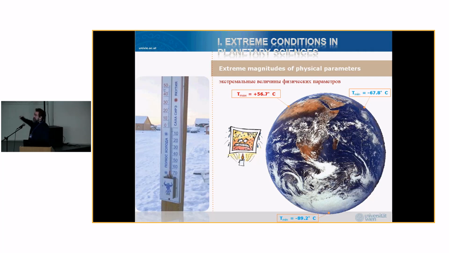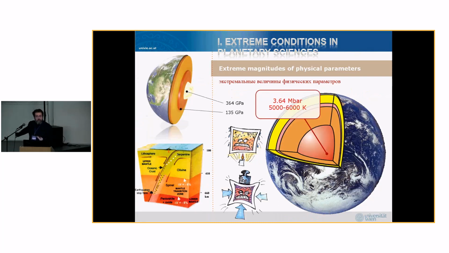But as you see here, planet Earth is maybe not everything, and I showed you this slide three days before. If you go inside the Earth, it gets much, much higher in temperature. We basically end up in a temperature range somewhere between 5,000 and 6,000 Kelvin.